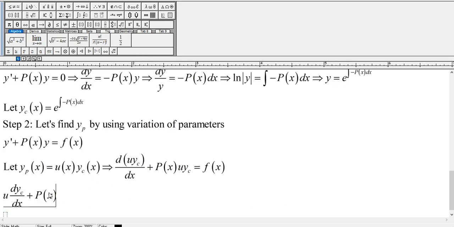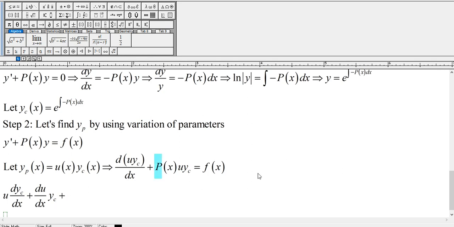Oh wait, no, I didn't do it right. Chain rule. So u times this, and then I need the derivative of u times y common. So then I'll have du dx times y common. Now plus this p of x u y common.